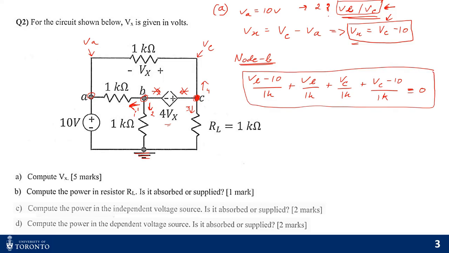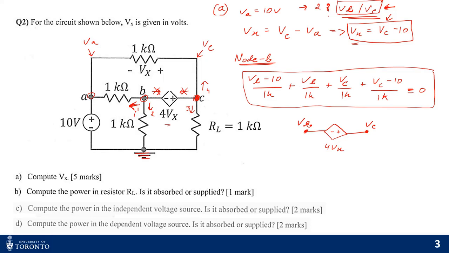And at the super node, I have to find another equation. If this is my VB and this is VC, with Vx, what will be my second super node equation? That's just applying KVL.